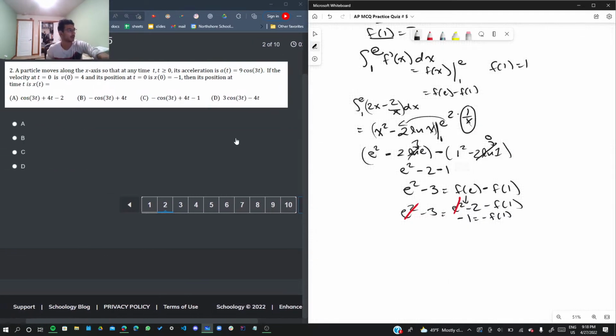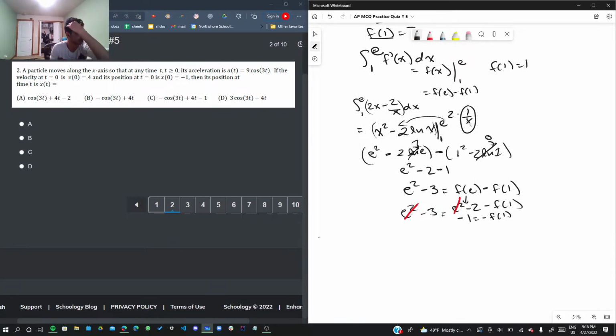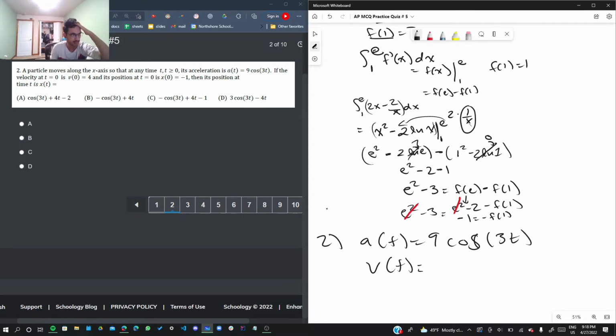Probably a bit slow that time, but okay, let's move a bit faster. 2, acceleration a of t is equal to 9 cosine 3t. Okay, I can see this is reverse chain rule automatically, right? We're trying to find position, which means we're going to find the integral.